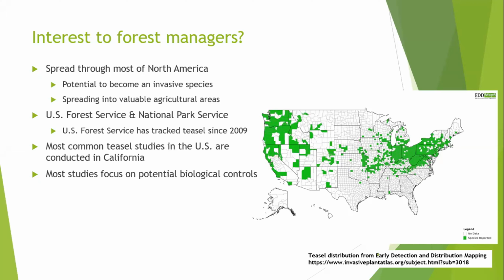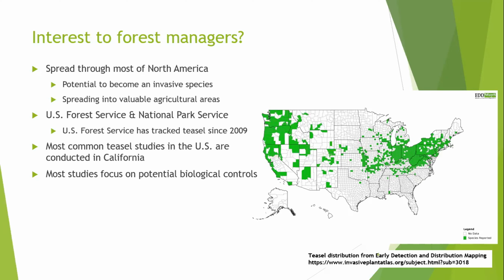However, the US Forest Service has actually stated that distribution maps often underestimate the locations of common teasel because it's a large plant. It grows to like 6 to 8 feet in height, and it's very prickly, so it doesn't get sampled a lot. So this map here on the right-hand side shows counties where common teasel has been found, but it's probably found in a lot more locations than what's depicted here.